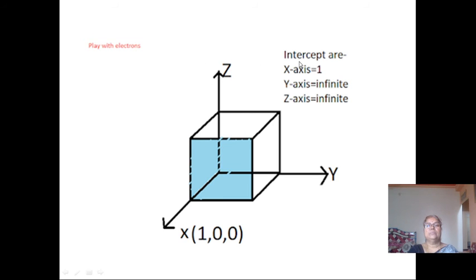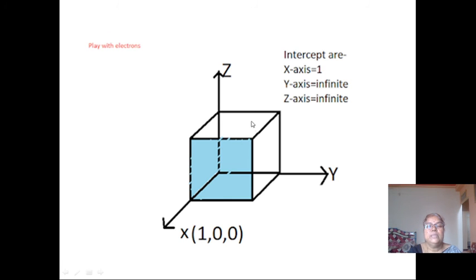Then the planes or faces of the cubic structure. See, this is a three coordinate system. This one is the x-axis, this one is the y-axis, and here it is the z-axis. And this one plane here cuts the x-axis at this point, and it remains parallel to the y-axis and z-axis. Here the intercept of this plane is on the x-axis only.